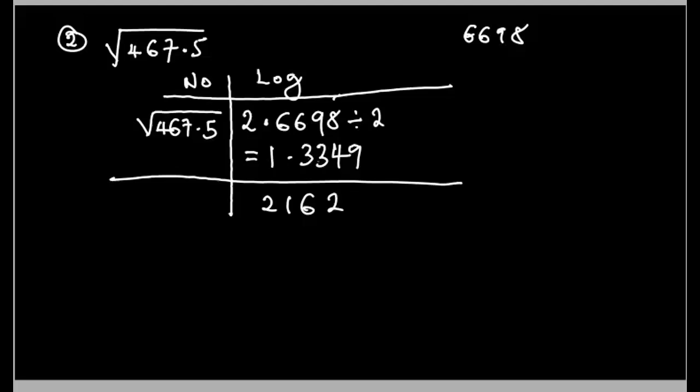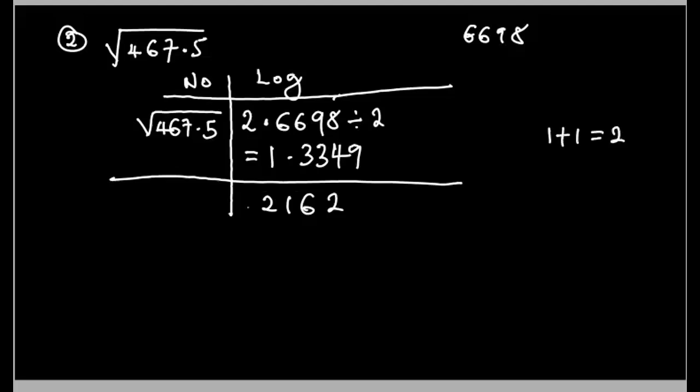The whole number here, in the number we just found the antilog of, is actually 1. And for antilog, when you have a whole number, always add an extra 1 to it. 1 plus 1 here is just 2.